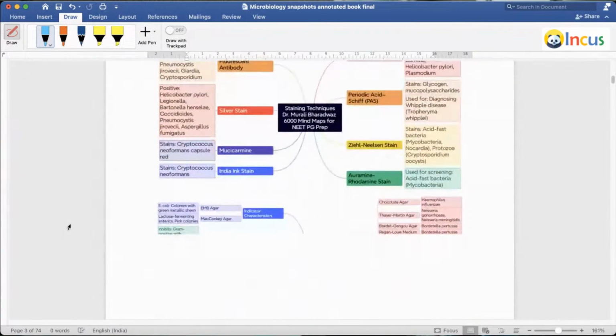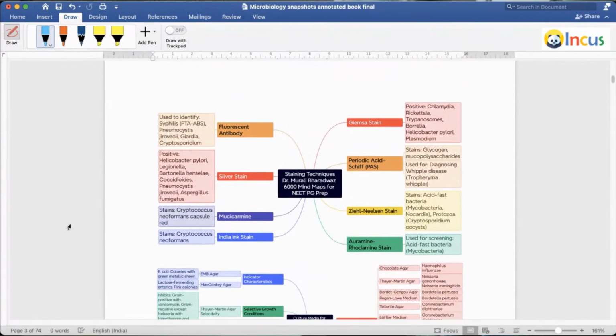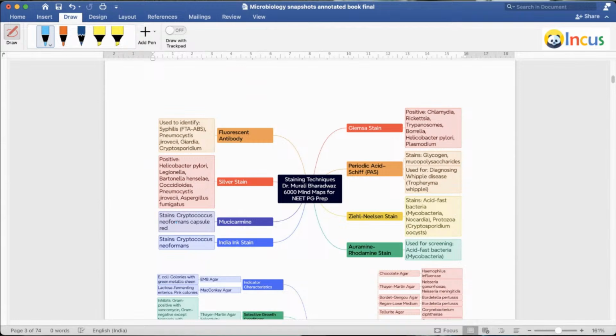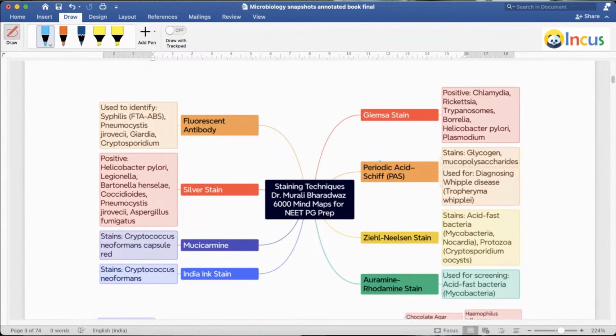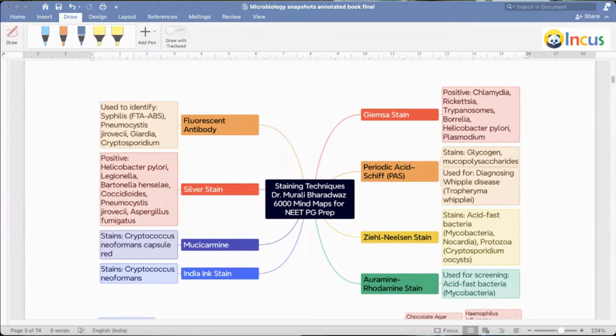So see, you can finish 150 mind maps in no time. At the last moment before the exam, you can't run through notes, doctor. You should remember that when the exam time is before you, you have to be ready with the ammunition of the notes in your hand.